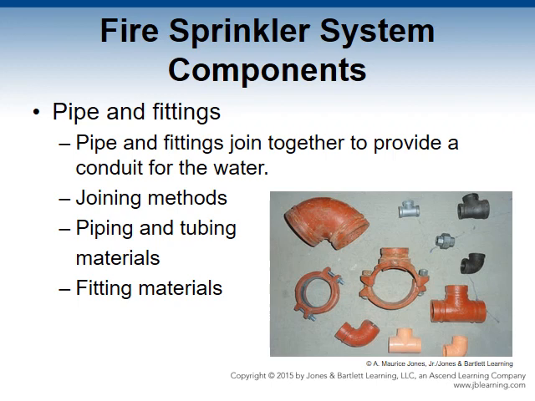Commonly used piping and tubing material is as follows: ferrous piping, black steel piping, galvanized steel piping, copper tubing, alloy materials, and chlorinated polyvinyl chloride, or CPVC, which is the dominant type used in residential installation.